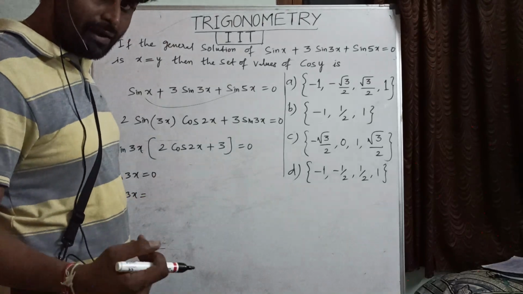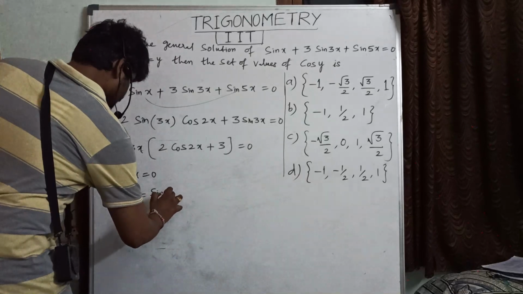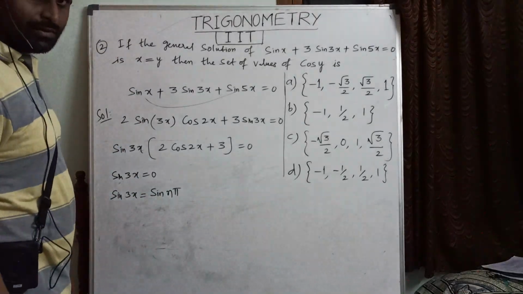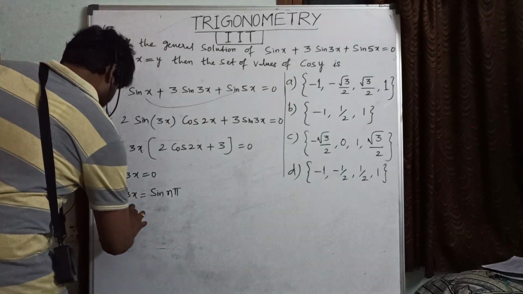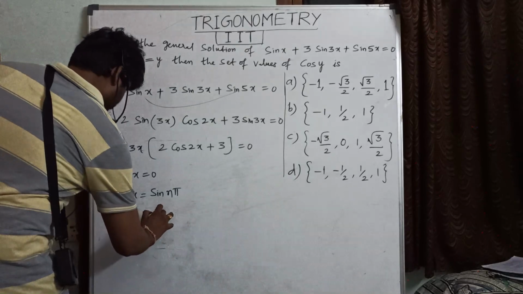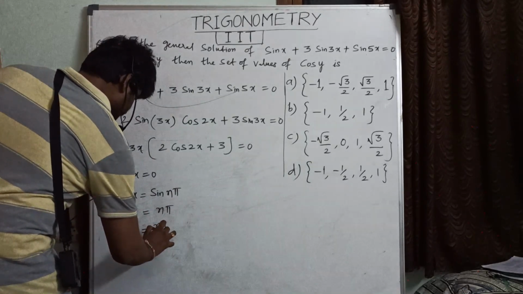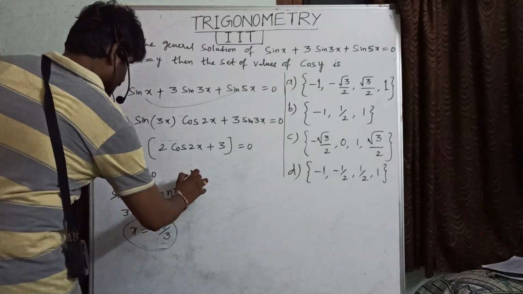So I can write sin n pi. We have learnt this in trigonometric equations in the first year. Now 3x equals n pi, that means x equals n pi by 3. This is one of the solutions.